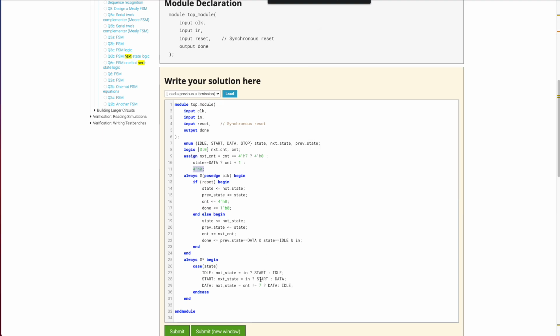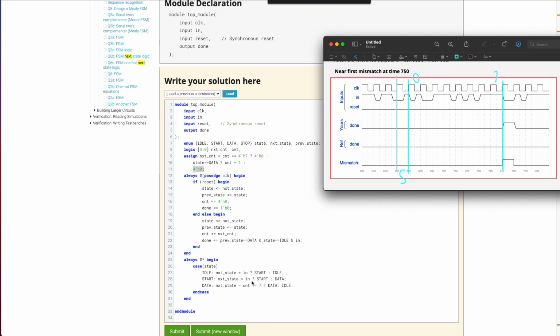And then so working backwards once again, then, right, so how do we go to start? We go to start if we're in idle and in is 1. And state equals idle and in.